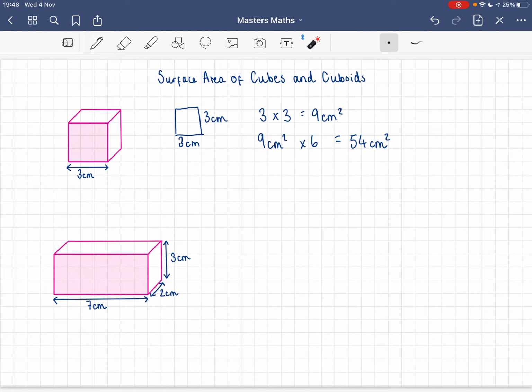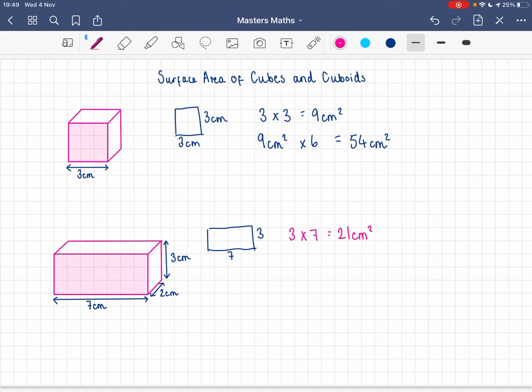If we look at this front face that we can see here, it's a rectangle. It has a base of 7 and a height of 3. Obviously, if this is 3, then so is that. So the area of that shape is 3 multiplied by 7, which is 21 centimeters squared. Now, if we think about a cuboid, the opposite sides are always the same.